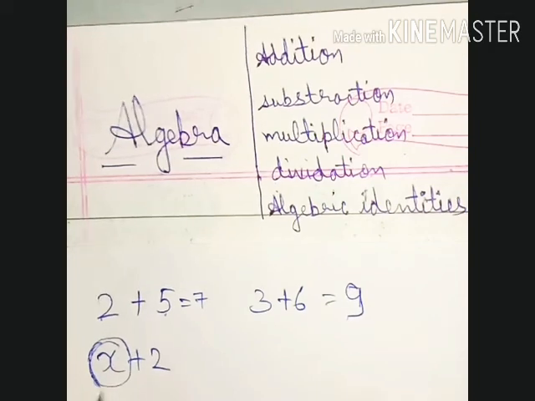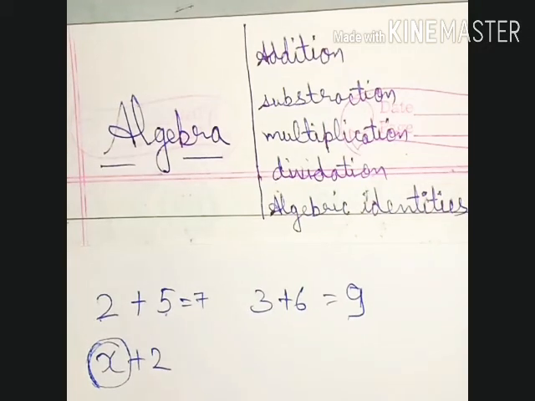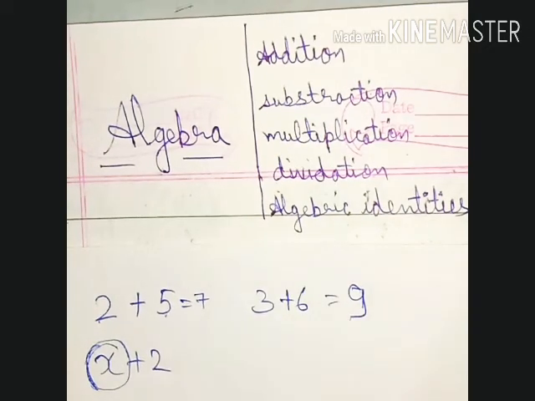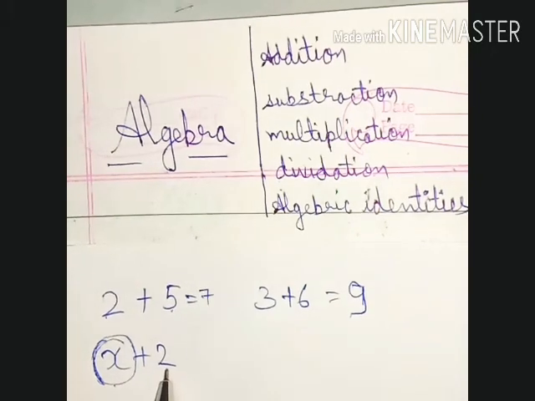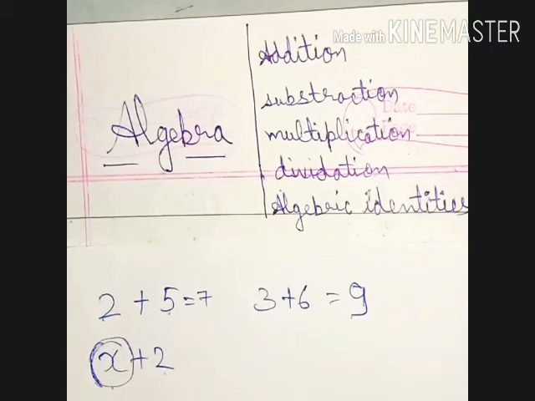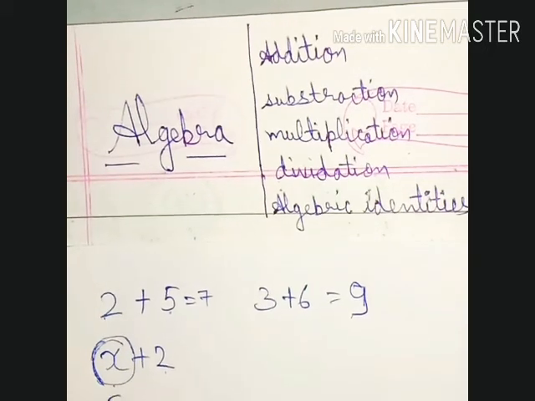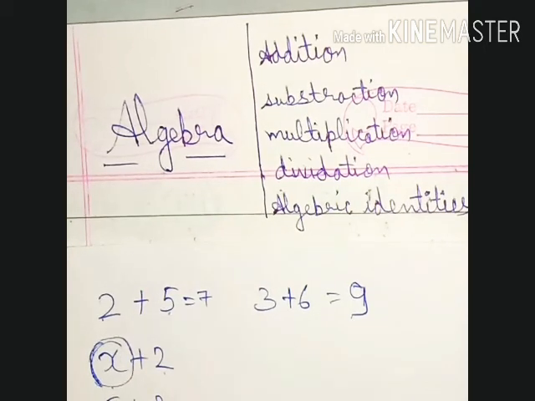So in any expression we denote terms. There are two terms here, x and 2. One is a numeral value but the other is a variable, meaning we don't know the value of x. It may be 5, it may be 6, and the value of x will change the result.